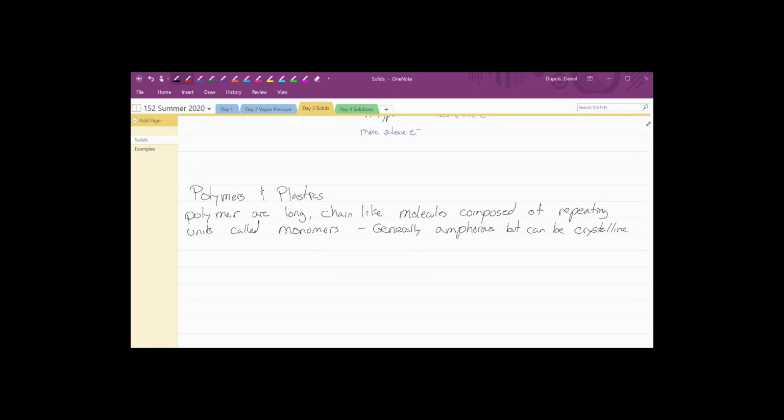All right. So one that you're familiar with is polyethylene. And that is an addition polymer. And what does that mean?